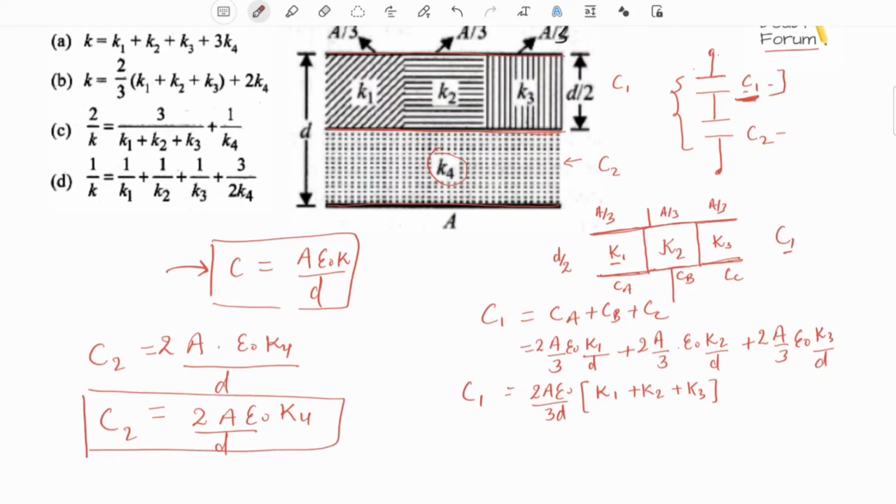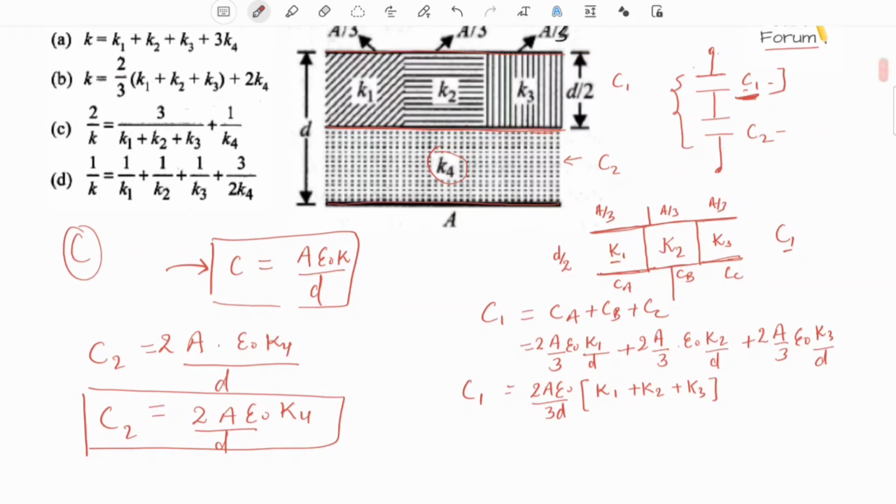Now as we can see, C1 and C2 are in series combination. So the equivalent capacitance, which will also be the equivalent capacitance of this arrangement, equal to C given in the question, we can calculate by using the simple series combination formula.